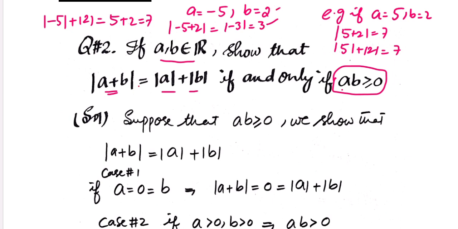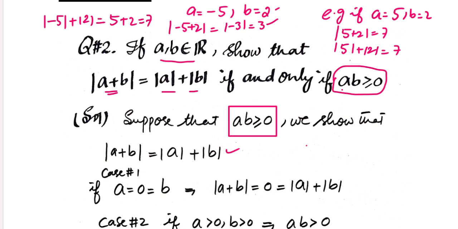So question number 2 actually wants to say this equality holds if and only if a and b both have the same sign. In that case, their product will be greater than or equal to 0. Firstly I suppose the product is greater than or equal to 0, and I will show this equality holds.